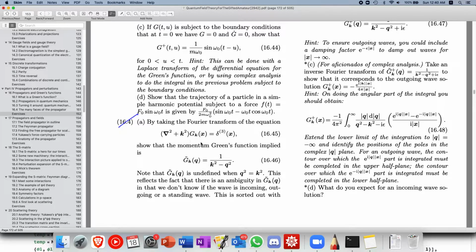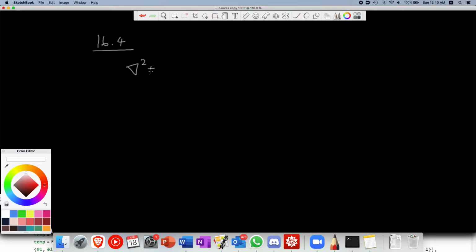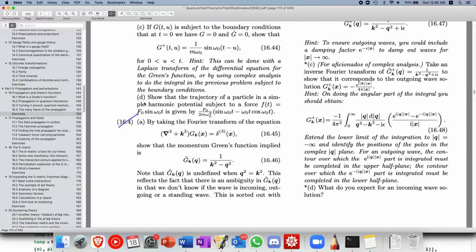So by taking the Fourier transform, let's go ahead. We're doing problem 16.4. We first have to write the Green's function equation. So we have G_k as a function of x equal to the Dirac delta. The first step is to Fourier transform the equation, then we show that the momentum space Green's function is this.